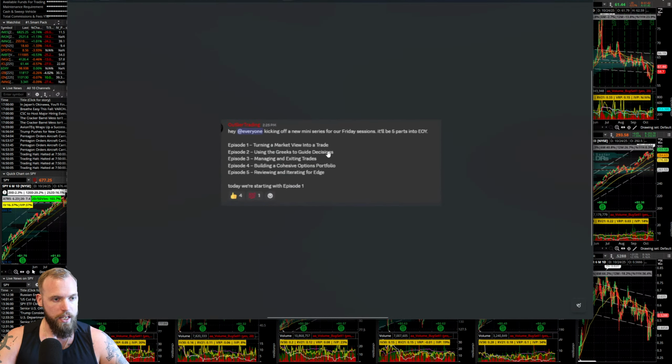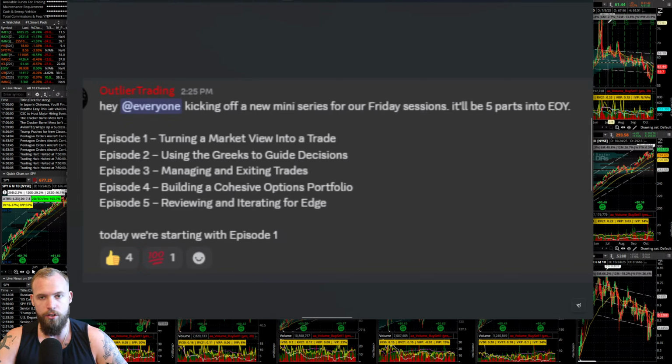My goal is to approach this in the context of folks that have a rudimentary understanding of options. My avatar in mind as I was building this is somebody that understands the basics, like what a call is, what a put is, what the stock market does, how exchanges operate, at least at a high level, not necessarily nuanced, and things of that nature.